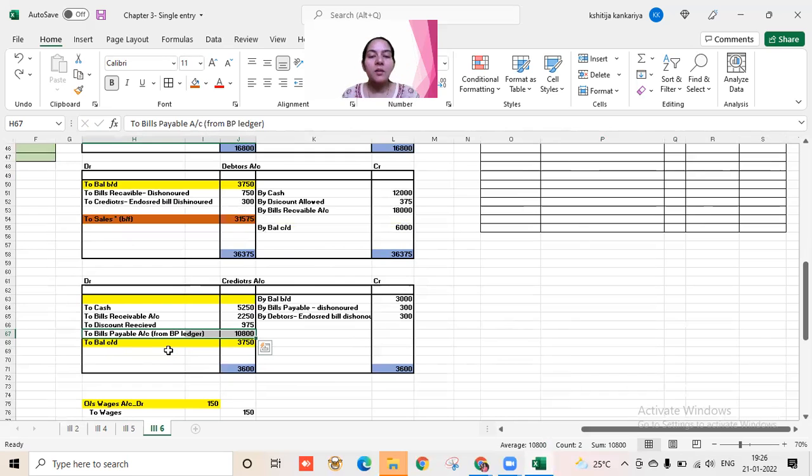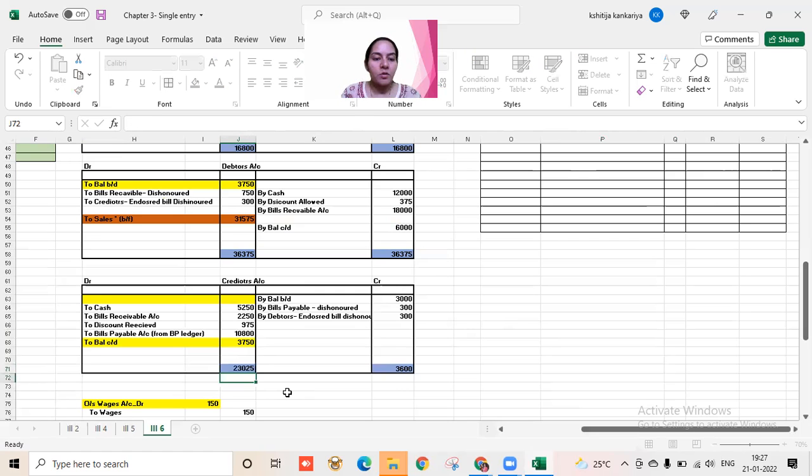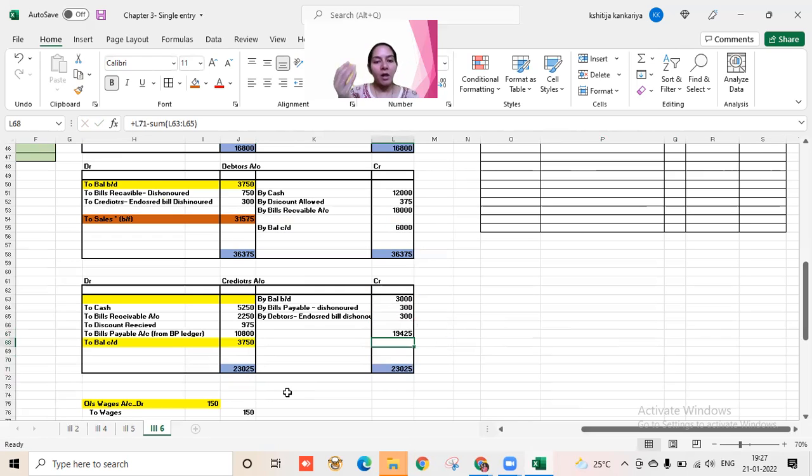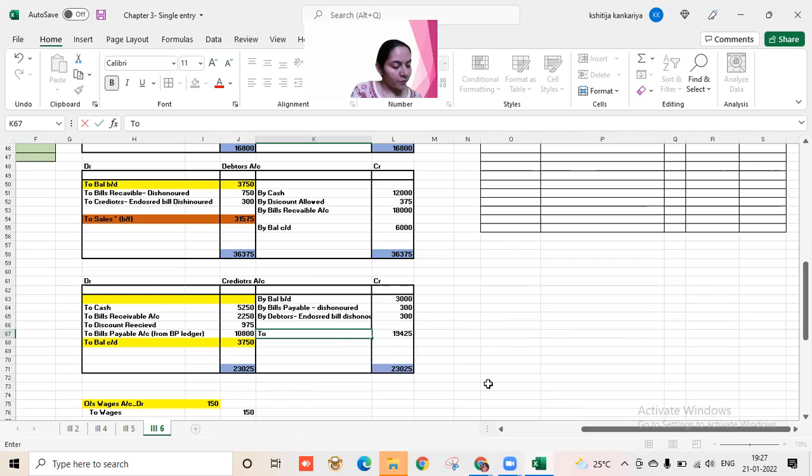Now we want to close the creditors ledger. So generally credit balance has to be more, but here the debit balance is more. So take the total of debit, copy this to the credit. What is going to be the balancing figure here? Creditors चा balance कधी वाढतो because credit is increasing here due to balancing figure ना. मॅम जेव्हा आपण क्रेडिट परचेस करतो तेव्हा. Correct. So when we purchase on a credit basis, यहाँ पे लिखेंगे by purchases.